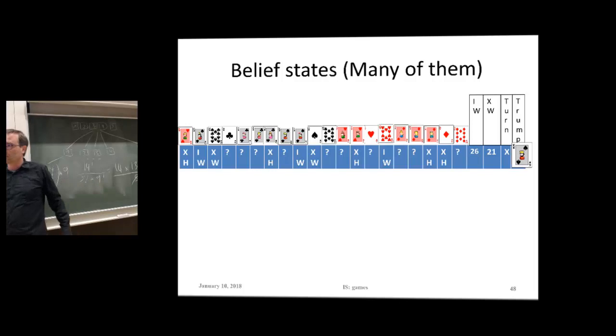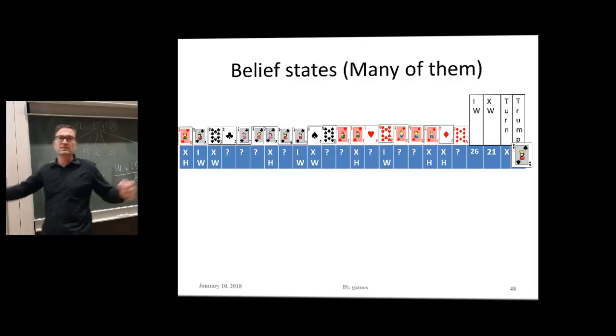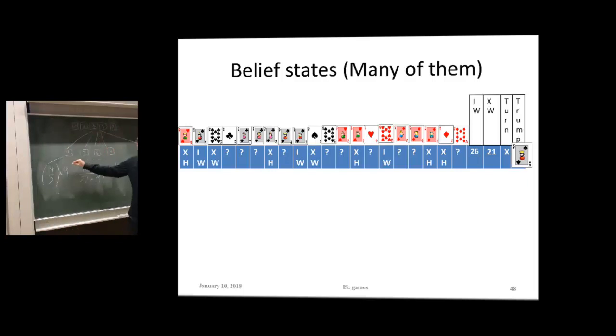14 times 13 times 11 is 2,000. Okay, so basically what this means is that we have a game with a branching factor of 2,000, and I believe that I have to check this with Peter. I think that here I made a mistake.